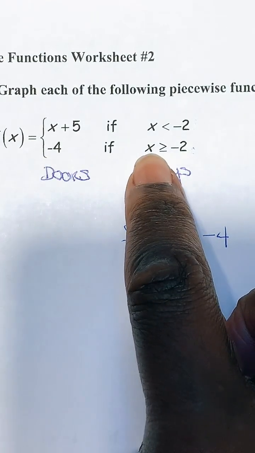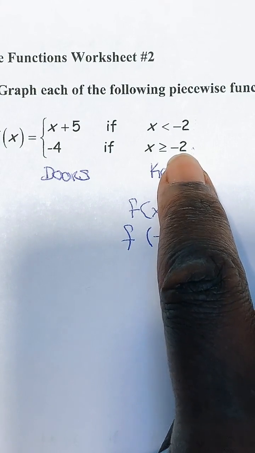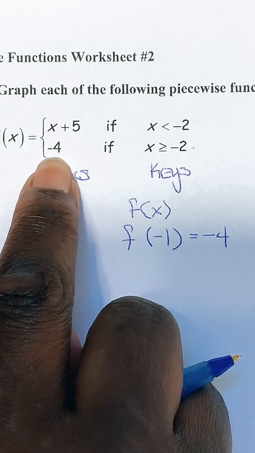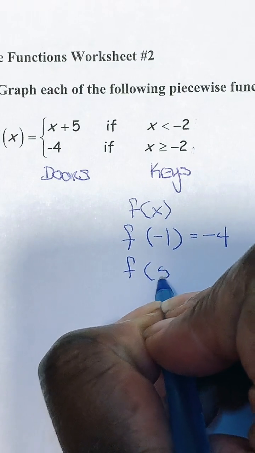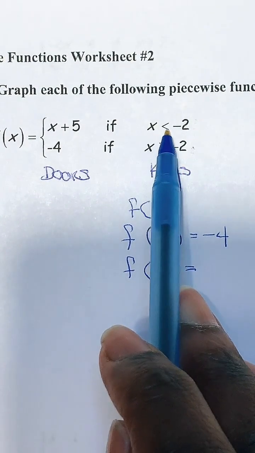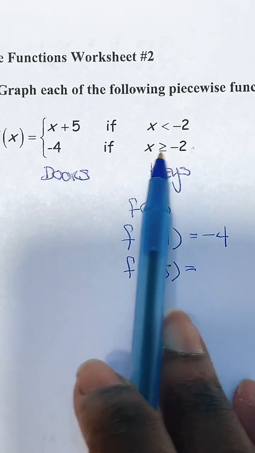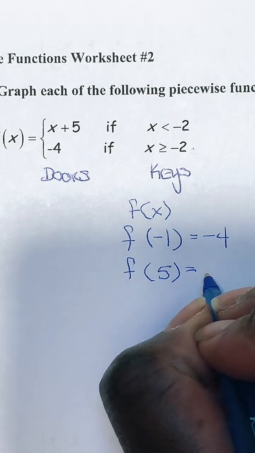So this is telling me that any number that is greater than or equal to -2, my answer is always going to be -4. Even if I wanted to say f of 5, obviously 5 is not less than -2, it's greater than -2, so that means I will come over here, my y value is going to be -4.